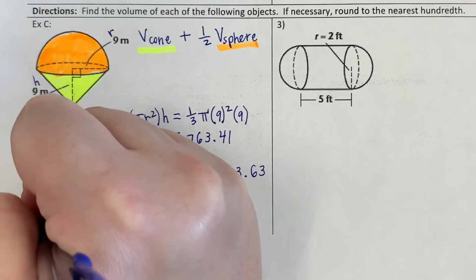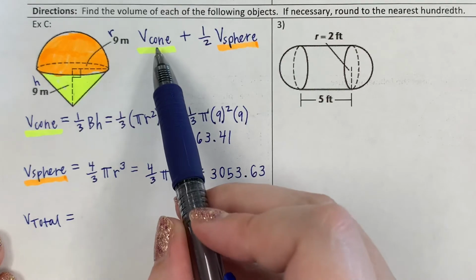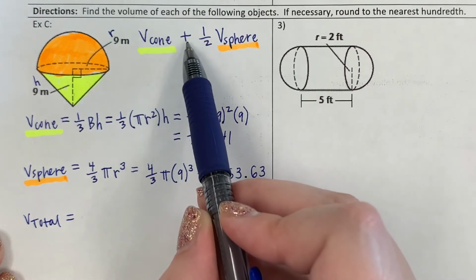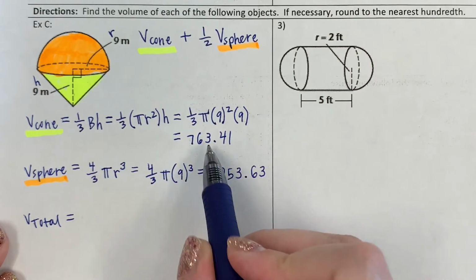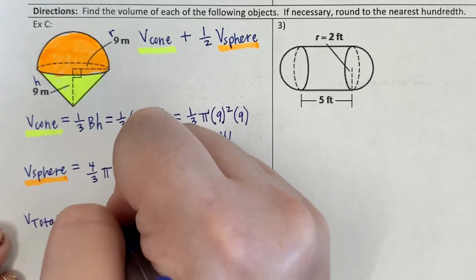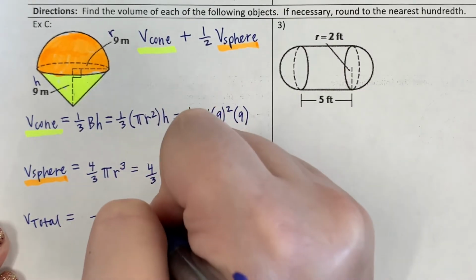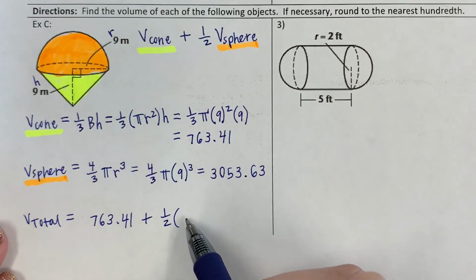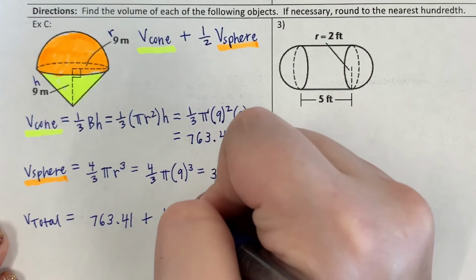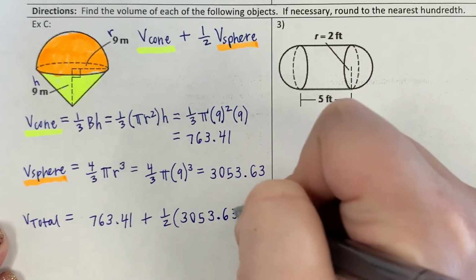So I found volume of a cone, volume of a whole sphere, and then we could say down here, we're trying to find volume total, like our total volume. And we wrote that up here, that we would do volume of the cone plus half of our volume of the sphere. Well, volume of our cone is 763.41, plus we're gonna take half of the volume of our sphere, and our sphere volume is 3053.63.